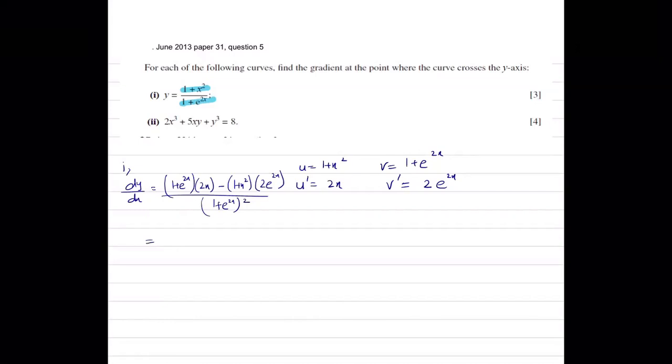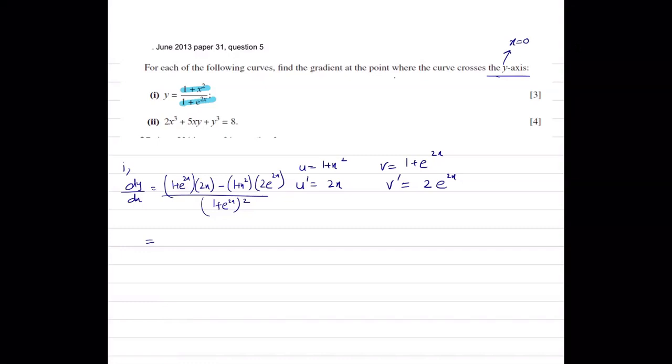Okay. So we need to find the gradient at the point where the curve crosses the y-axis. So at y-axis, x is 0. So let's find the gradient when x is 0.